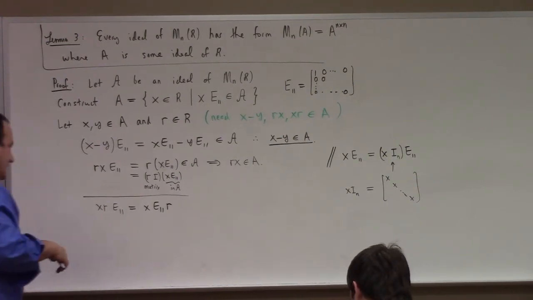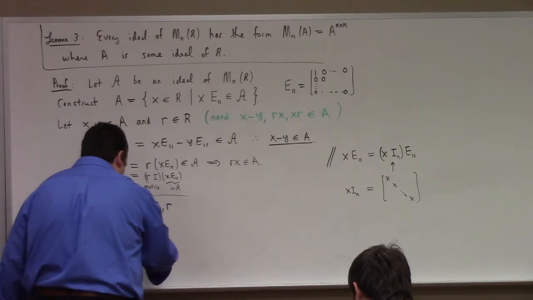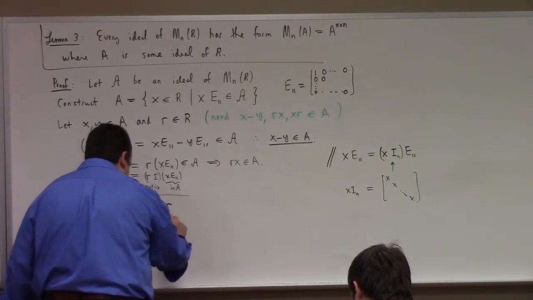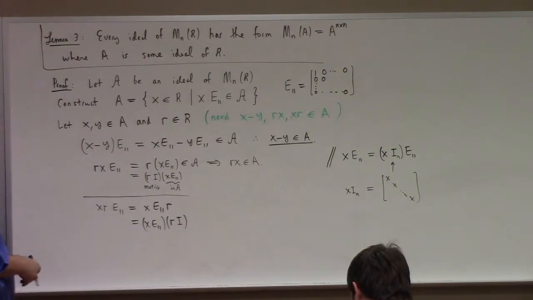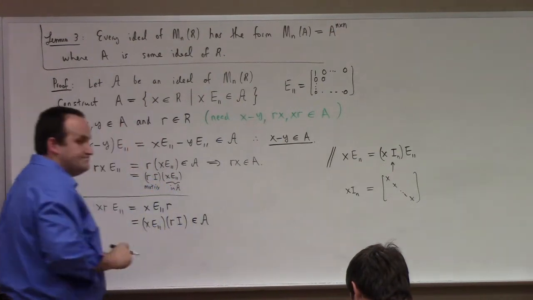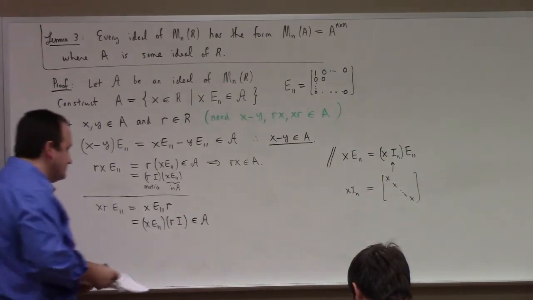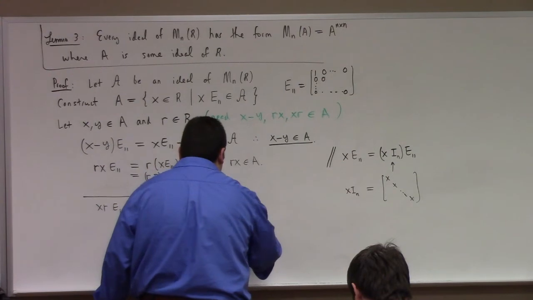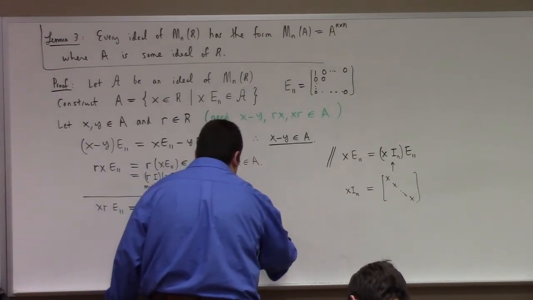And then this is nothing more than x E11 times r times the identity, which again is an element of A because A is an ideal. So we're looking at a product of a matrix in A with a matrix which is anywhere. It doesn't matter where. Script A is an ideal. So that gives us that XR is an element of A.